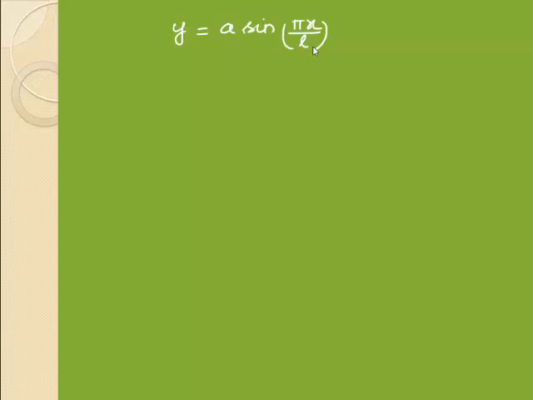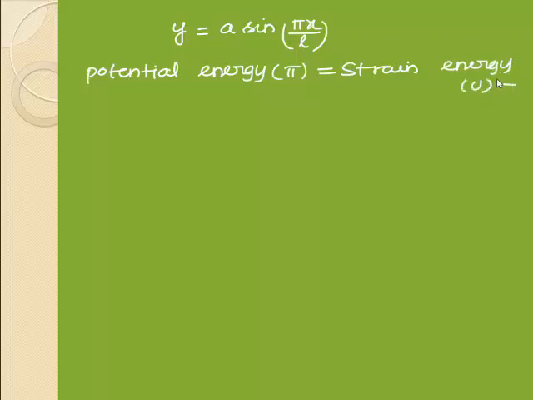So to solve the structural problem using the Rayleigh-Ritz approach, we have to go with this formulation, that is potential energy pi is equal to strain energy U minus work done on the structure H. Okay, so we know the strain energy formula for beam elements.